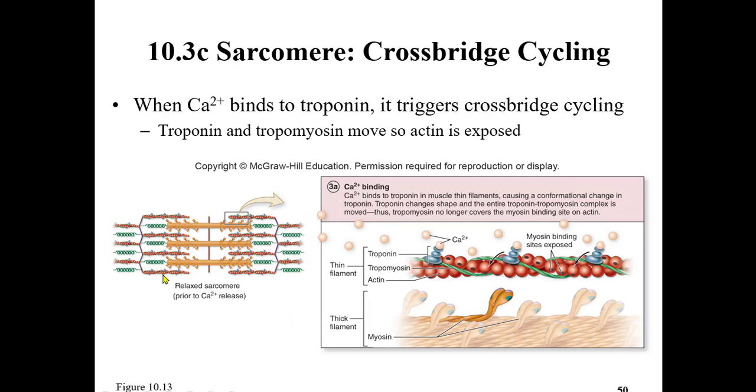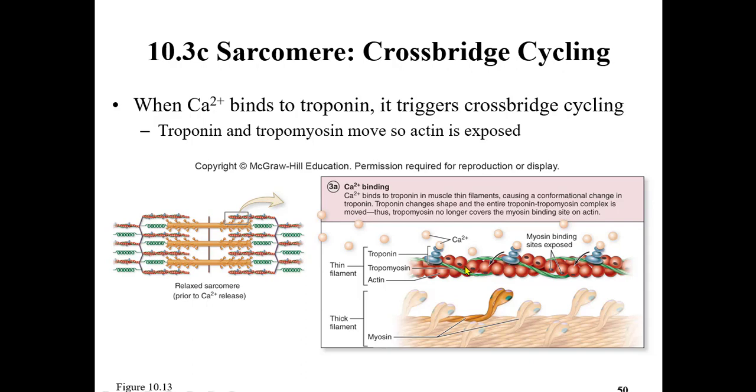So now, what about the calcium? Well, calcium, as you can see, is now sticking to troponin. And if you recall in a previous picture, I've mentioned that once calcium sticks to troponin, just like this, the tropomyosin belt will move out of the way.